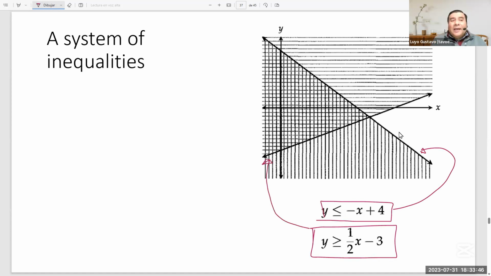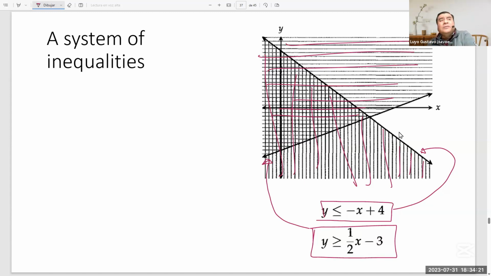So since this one has the symbol less than or equal to, that means it represents all of this shaded part, everything below the line. That's the half plane. But the other inequality represents the half plane above, right? Above the second line. So the intersection, the double shaded region, represents the solution set for the double inequality.